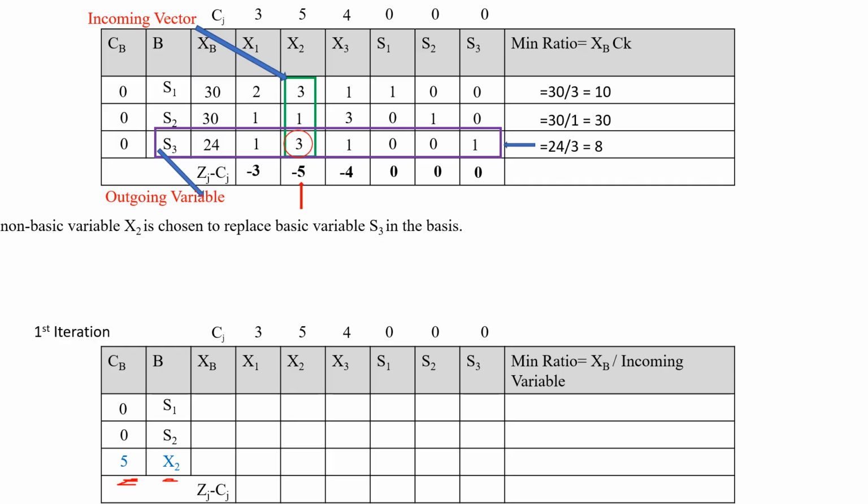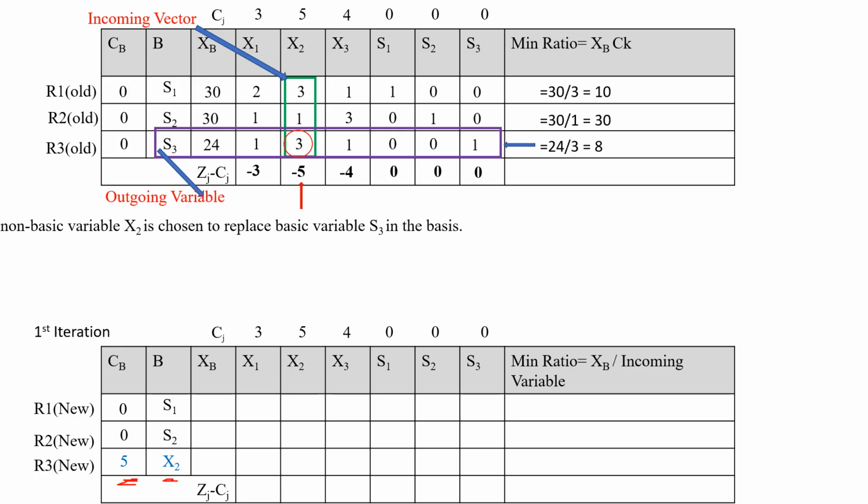Then we have to modify the old simplex table to improve the basic feasible solution with the following row operations. Here R1 old, R2 old and R3 old are row 1, row 2 and row 3 of the old simplex table, and R1 new, R2 new, R3 new are row 1, row 2, row 3 of the new simplex table.